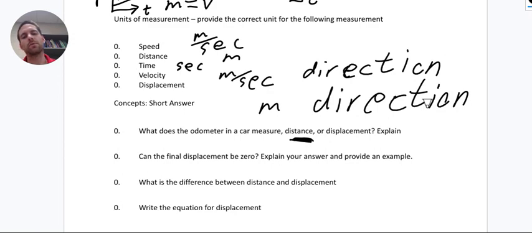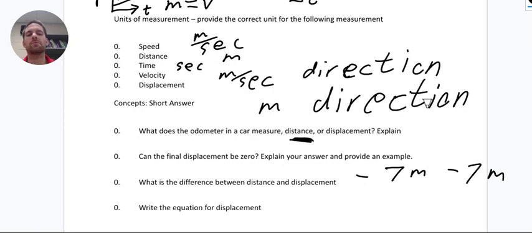If you started at a position, say 7 meters, then you traveled back, your final position was at 0, initial position was -7, your final position was at -7.